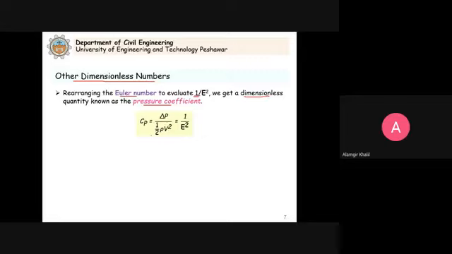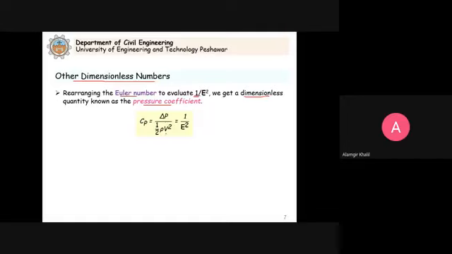And if you remember this half rho V square, we studied in detail, and I actually proved this for you also in fluid mechanics, that this is actually the dynamic pressure, half rho V square. And I developed this using the Bernoulli equation.